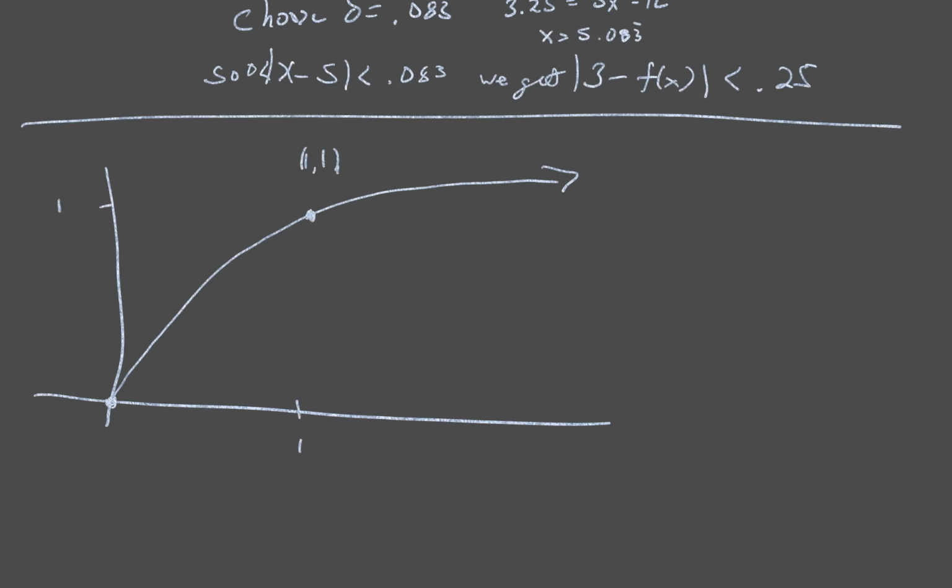And here's 1, and maybe I want my tolerance to be a quarter again. So I've got 5/4 up here and 3/4 down here. Okay, so this point here and this point here are the points where the horizontal lines cross.